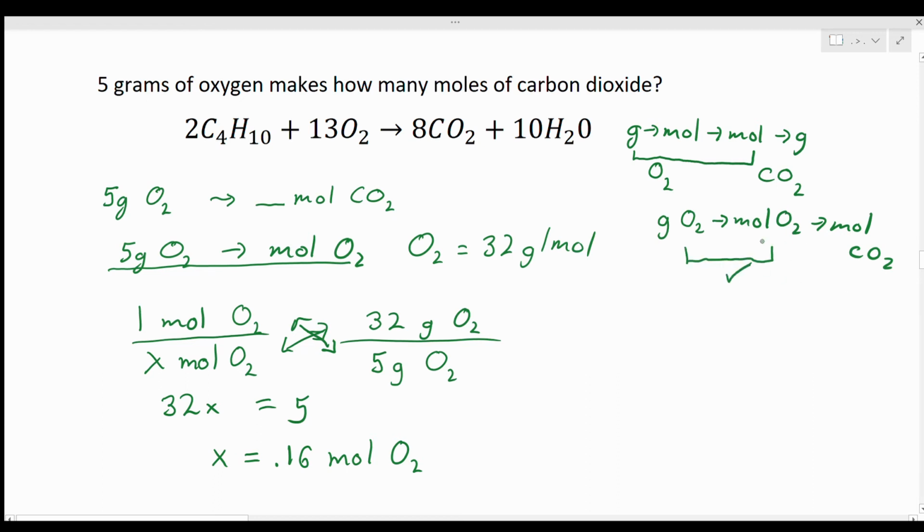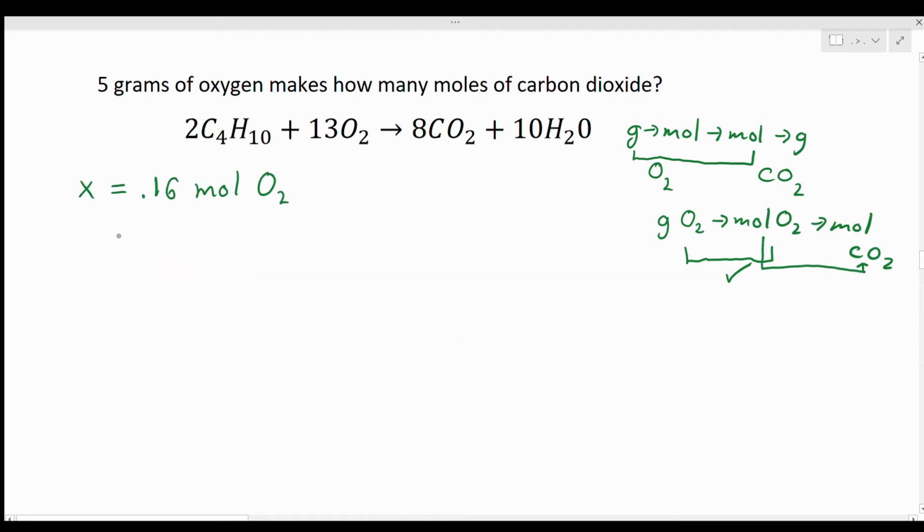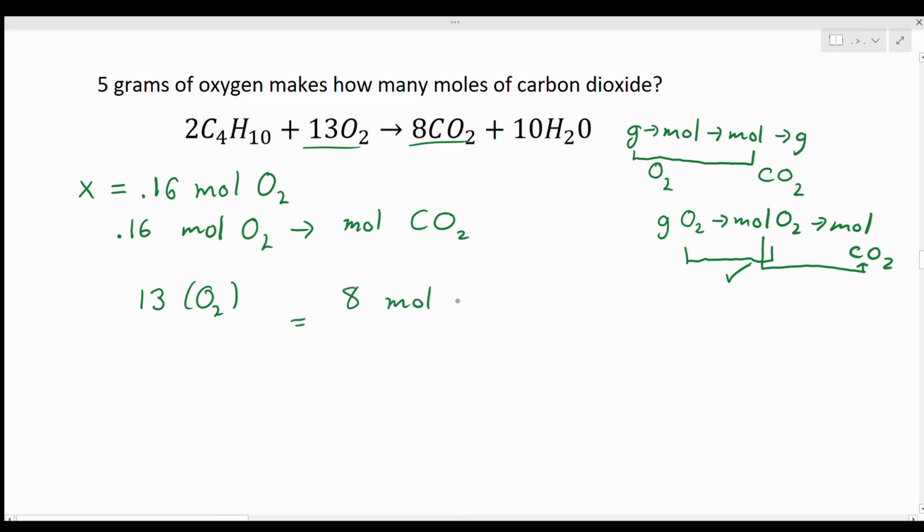We have successfully converted grams of O2 to moles of O2. Now, next is moles of O2 to moles of CO2. So now we need to convert 0.16 moles of oxygen to some number of moles of carbon dioxide. We do the same steps. Looking at these two, we know that 13 moles of oxygen can make 8 moles of CO2, and this is in moles, the 13.